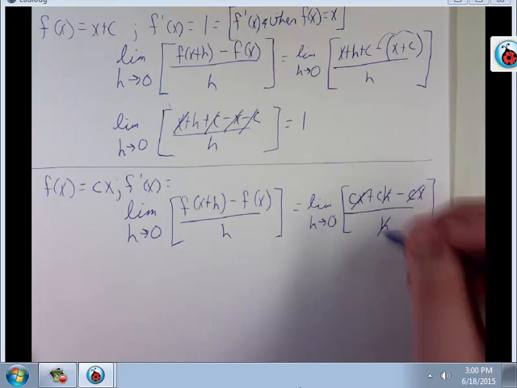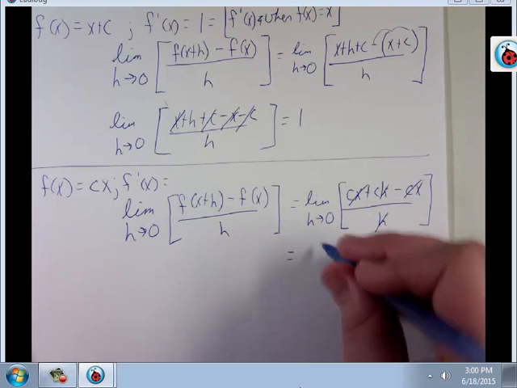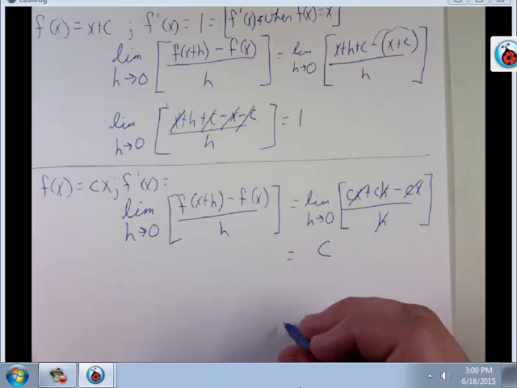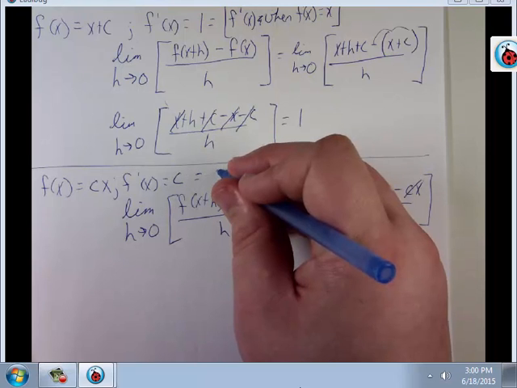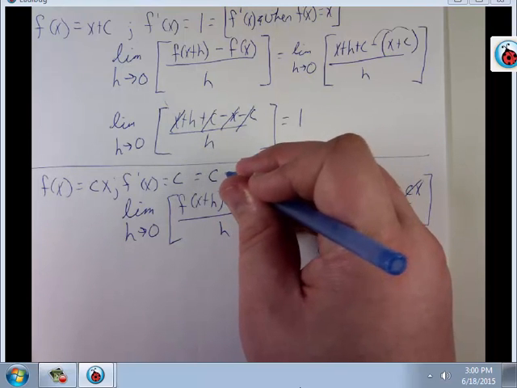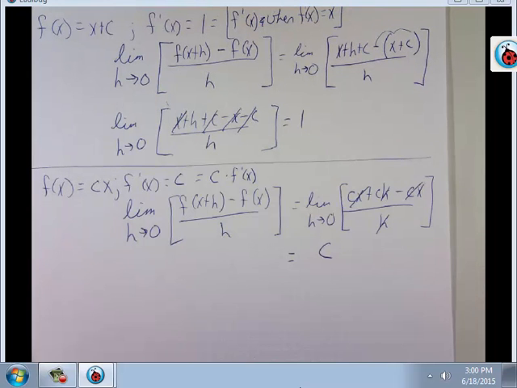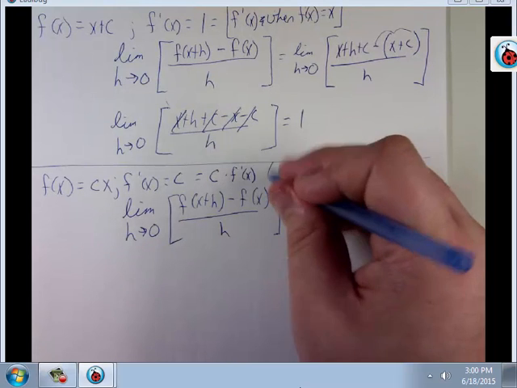That'll cancel out there, then I'm left with c. So that's my derivative, which is also the constant times f prime of the function, i.e. it's a constant times 1.